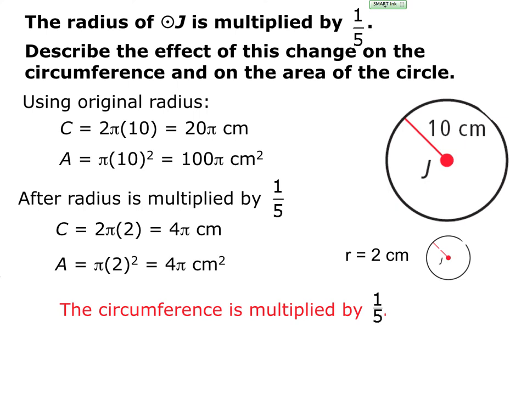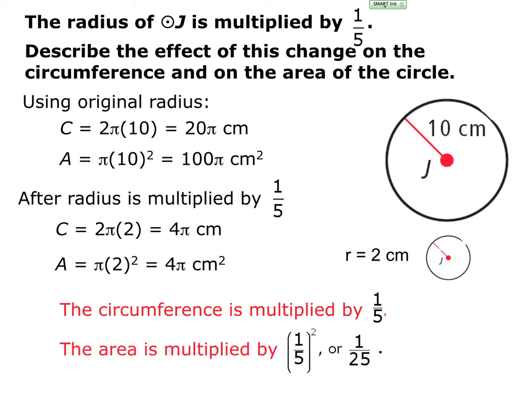What's 1/5 squared? 1/25. So the area is going to be 1/25. Now, did that work out with my calculations? Did the circumference get 1/5 as much? Did the area get 1/25 as much? So I did the calculations to verify what happened there.